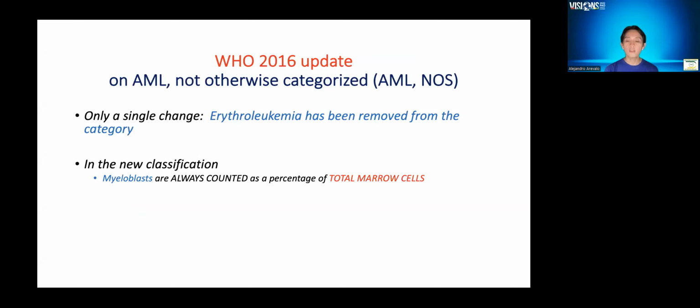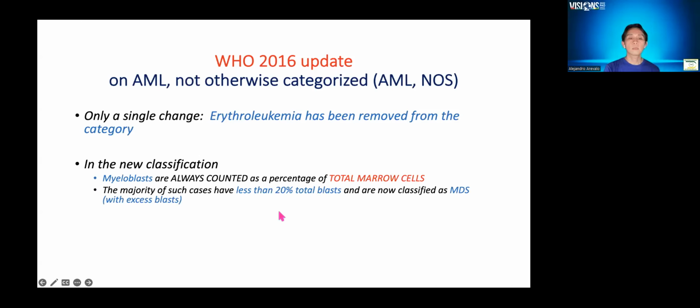But to be unified across the board, the 2016 WHO made a modification in the diagnosis of M6. So all nucleated cells should be counted, and so those cases that were previously classified as erythroleukemia actually fall under high-grade MDS.